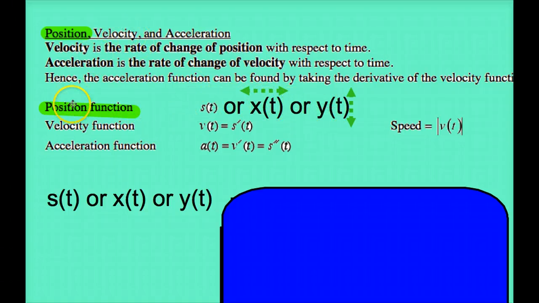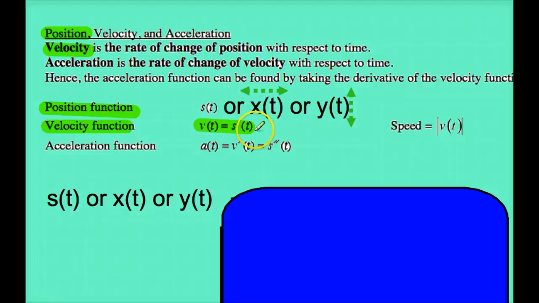Okay. Velocity, on the other hand, deals with the rate of change of position. So I want to know how fast is my position changing, and I also want to know in which direction. And in order to do that, I need to take the derivative of the position.